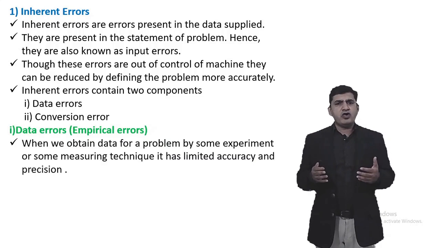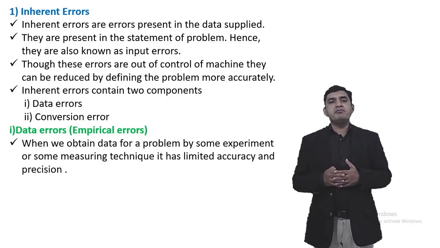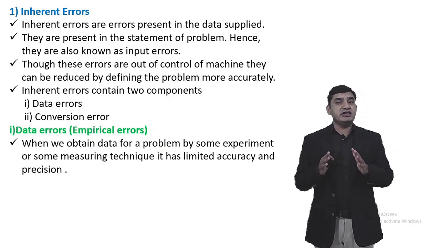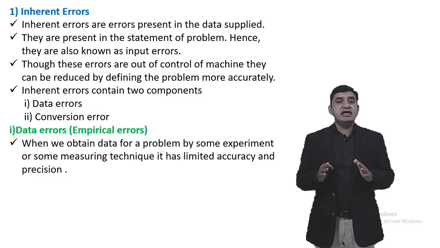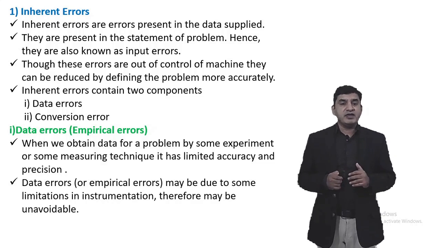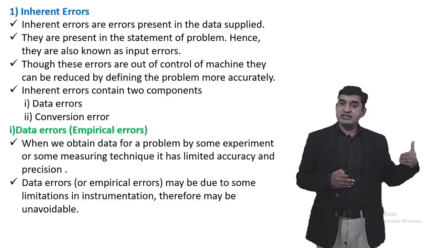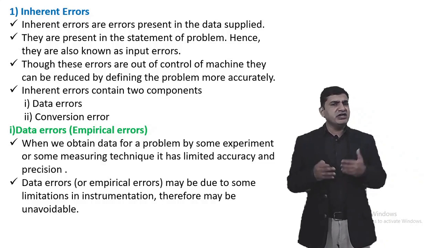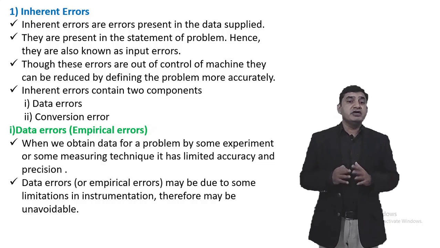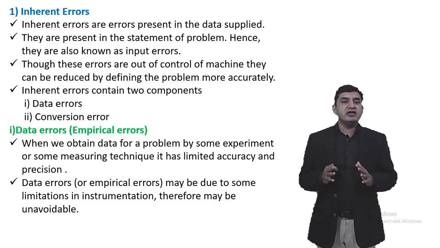When we obtain data for a problem by some experiment or some measuring technique, it has limited accuracy and precision. Accuracy means the closeness to the standard result. Data error or empirical error may be due to some limitation of our instrumentation, and therefore may be unavoidable.